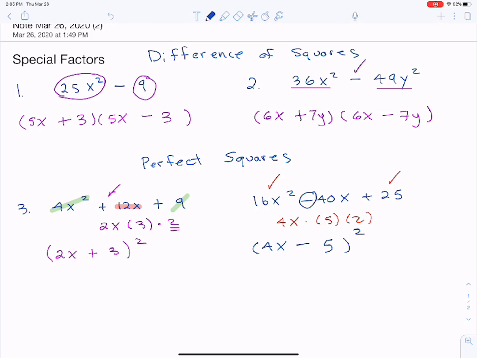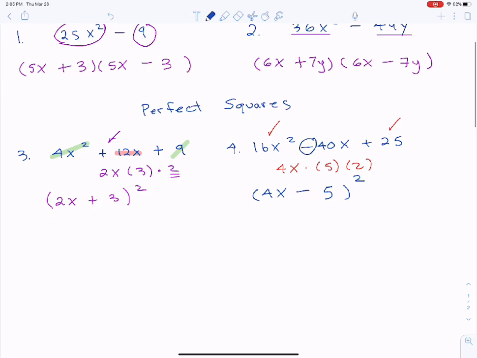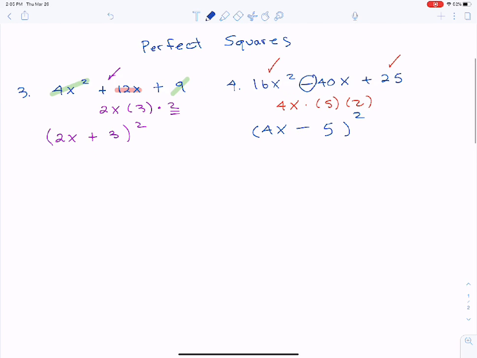Okay. There is one more idea that we want to do here. We've talked about it already, but this is just the GCF, where we pull out the greatest common factor. So, in order to do the greatest common factor, let's say I had 4x squared plus 16x.